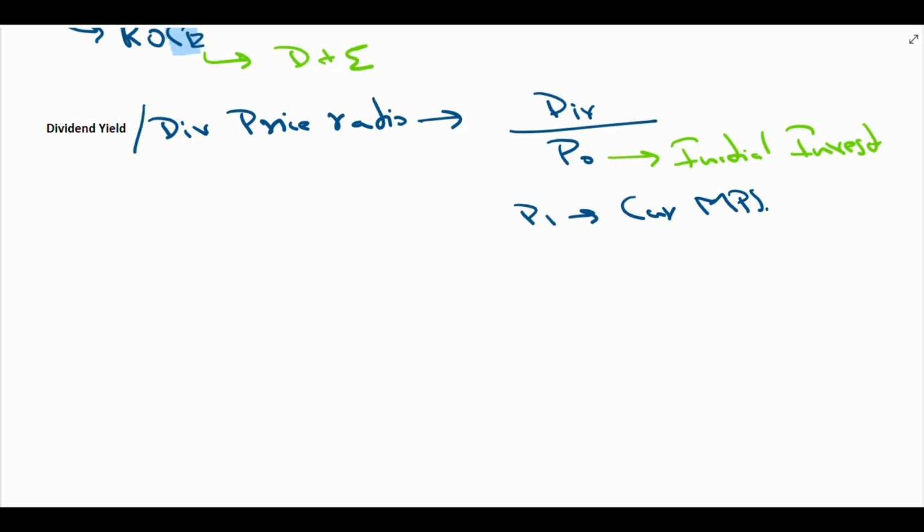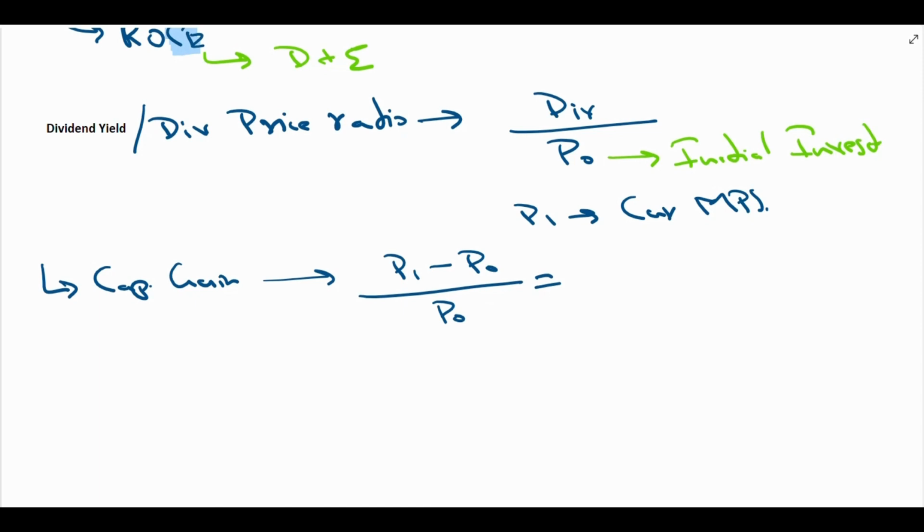So another ratio in line with this is the capital gain. How we calculate it is P1, which is the current share price, minus P0, which is the initial share price. So suppose right now the share price is 12, whereas initially it was 10 when the investment was made. So it is giving a 20% return on capital gain, and dividend is separate.